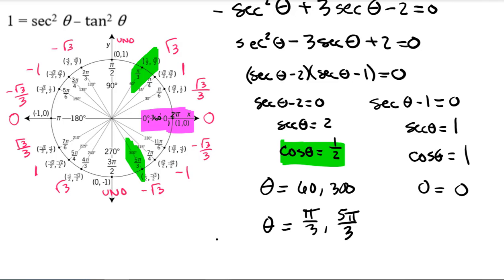So there'll just be 0. And you don't have to write 0 pi, because who writes that? So those would be our two values on the unit circle that correspond with cosine being 1/2, and our one value on the unit circle that corresponds with cosine being 1.